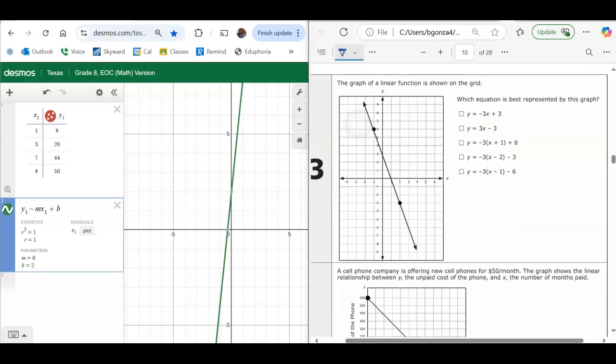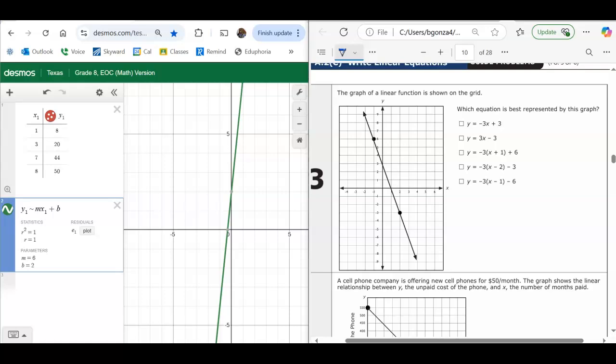And then number 3, what do we got to do? Make a table out of these points. I have negative 1 comma 6. I got 2 comma negative 3. And I'm going to do y1 squiggle mx1 plus b.